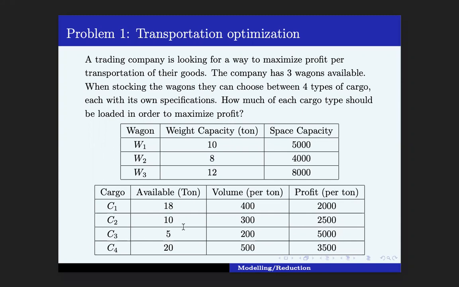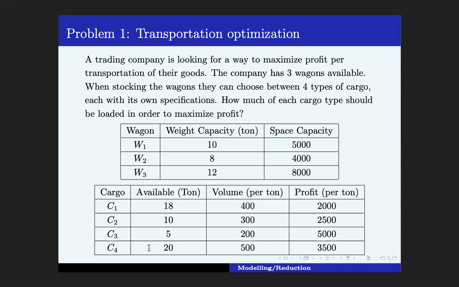So 3 plus 5 is 8, which is less than the wagon 2 limit. In terms of capacity, it will be 5 into 3000 plus 3 into 200, which will be around 2100, less than 4000. So wagon 2 can be shipped accordingly, and the profit I will get from wagon 2 is 5 into 2500 and 3 into 5000.